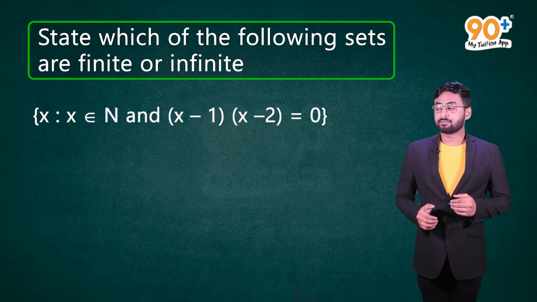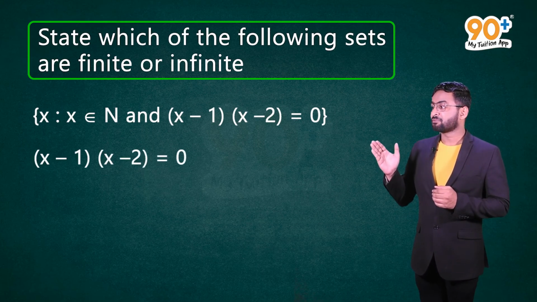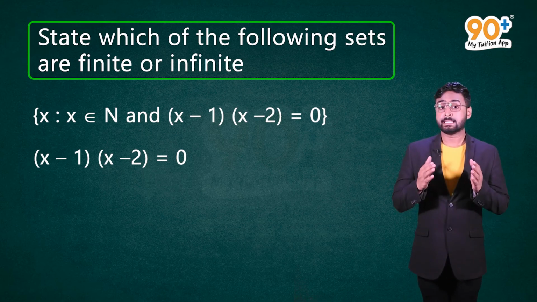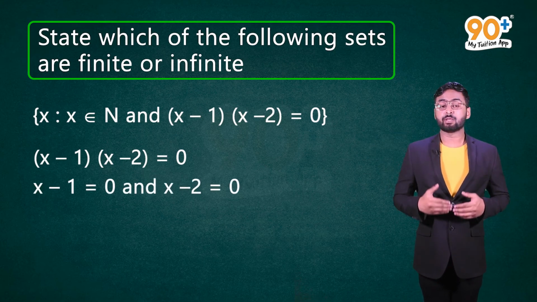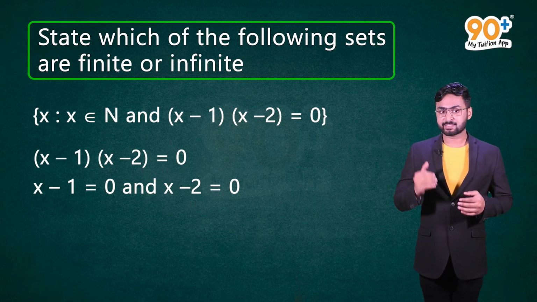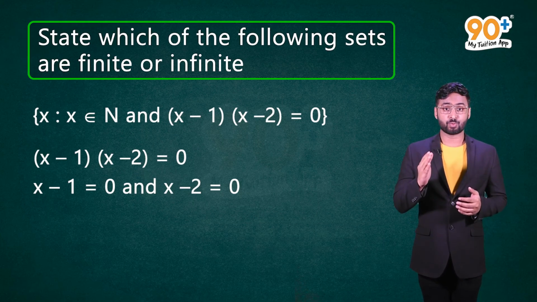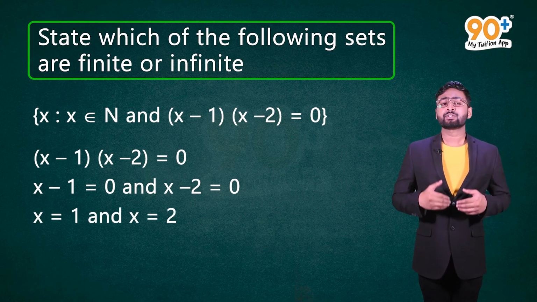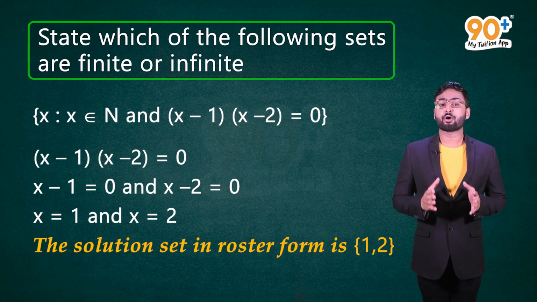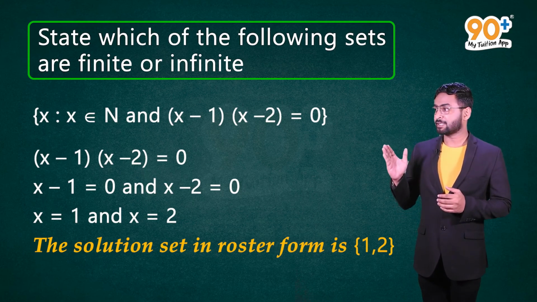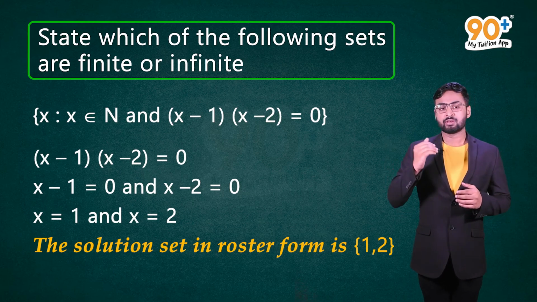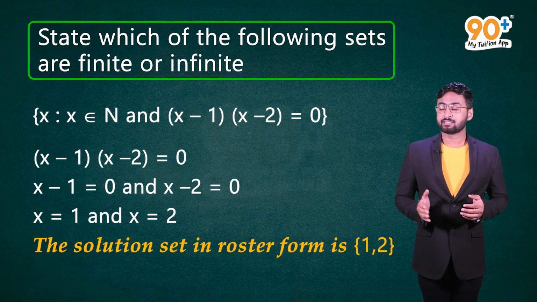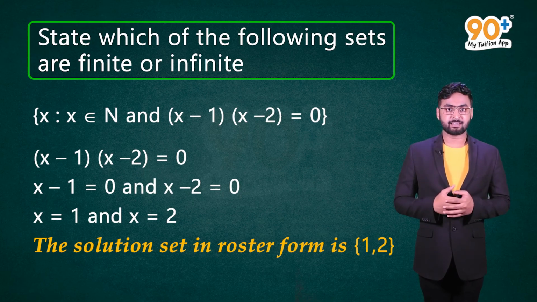First, let's solve the equation (x minus 1)(x minus 2) equal to 0. Here, x minus 1 equal to 0 and x minus 2 equal to 0. So, the values of x are 1 and 2. So, we can write the solution set of this equation as {1, 2}. As you can see, the elements of the set are finite. So, this is a finite set.